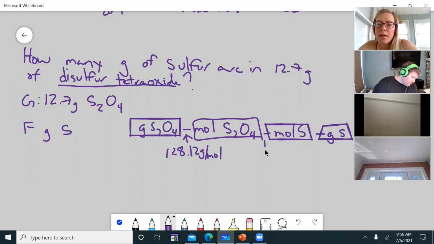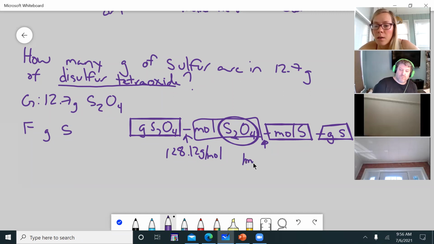This middle step here is the magic step that gets us from the compound to the individual element, where we look at the subscripts. So for every 1 molecule, how many sulfurs do we get? You just look at what it tells you. You get 2 sulfurs, 2 to 1.